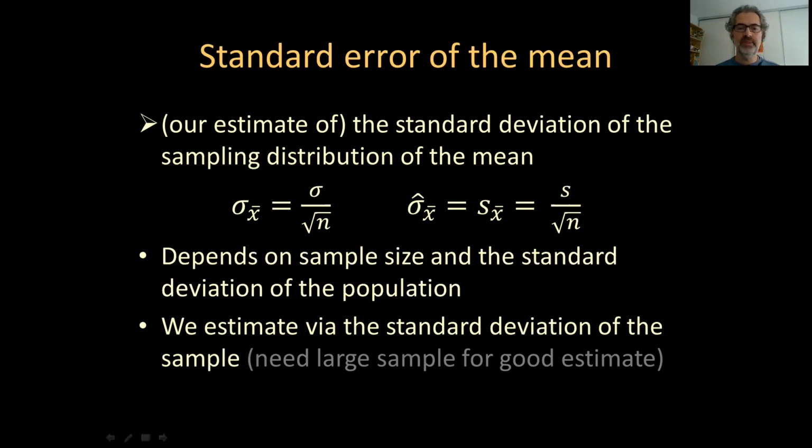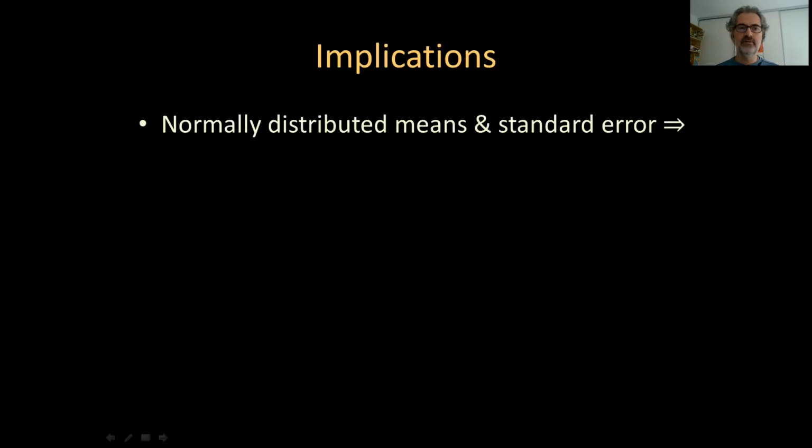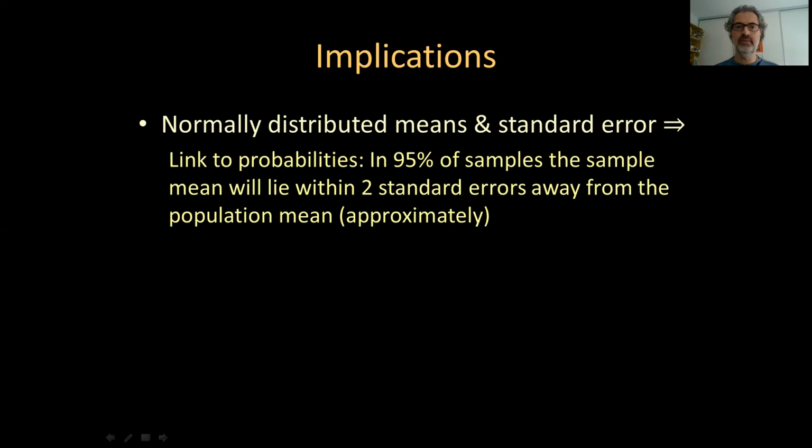What are the implications of this? First of all, we know from the central limit theorem that our means are normally distributed. And now we know what their standard deviation is. That is the standard error. We know how much it is. This means we can now link to probabilities.